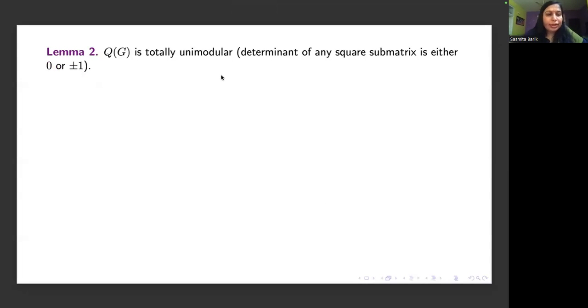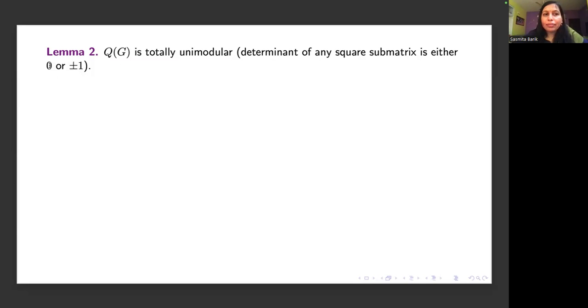Now another nice thing happens in QZ, that is QZ is totally unimodular. That means if you take any square submatrix of QZ, then its determinant will be 0 or plus 1 or minus 1. So QZ may not be square, but if you take any square submatrix of any size, then this happens.